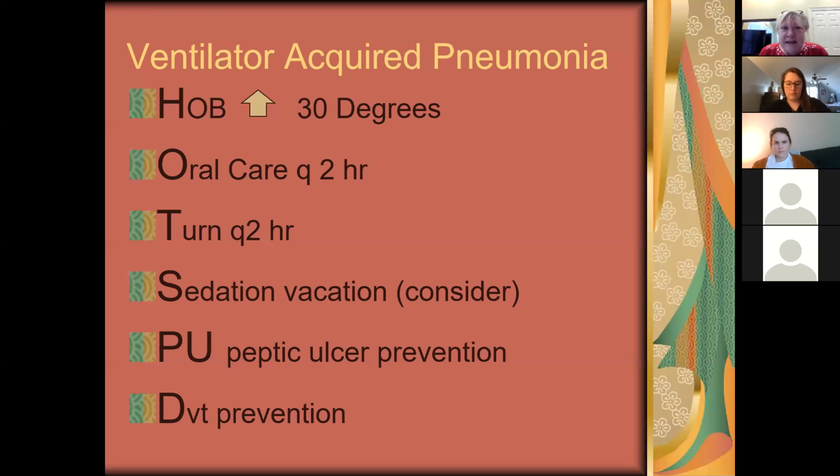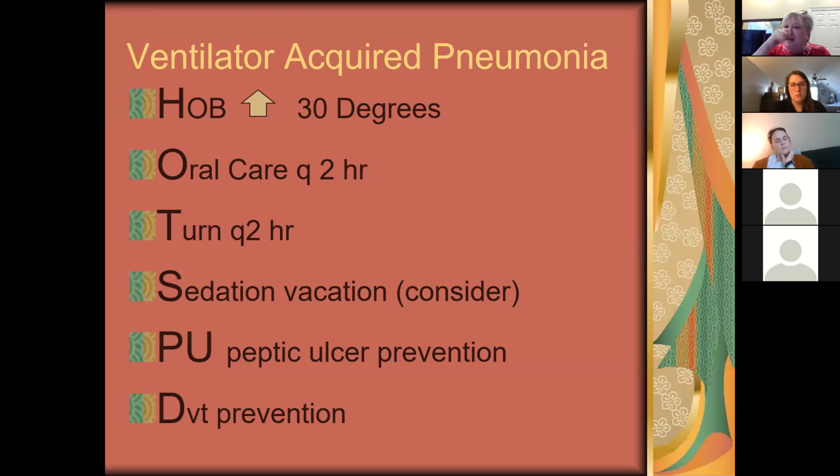And so what will help? Well, unless it's contraindicated, you should keep their head of bed up 30 degrees. Oral care, we use the chlorhexidine. It's a specially made packet that has a toothbrush hooked to suction. It has the toothpaste in there.